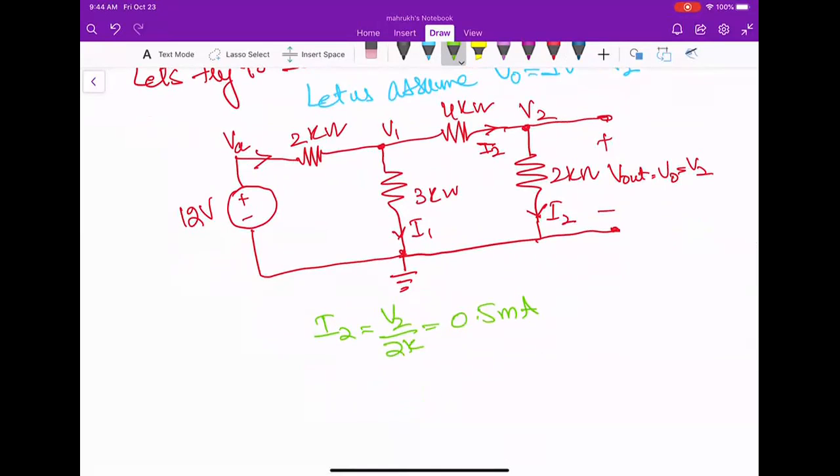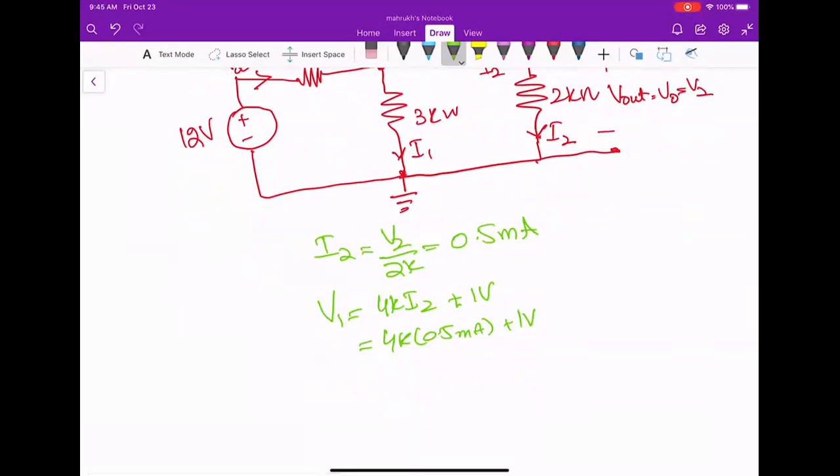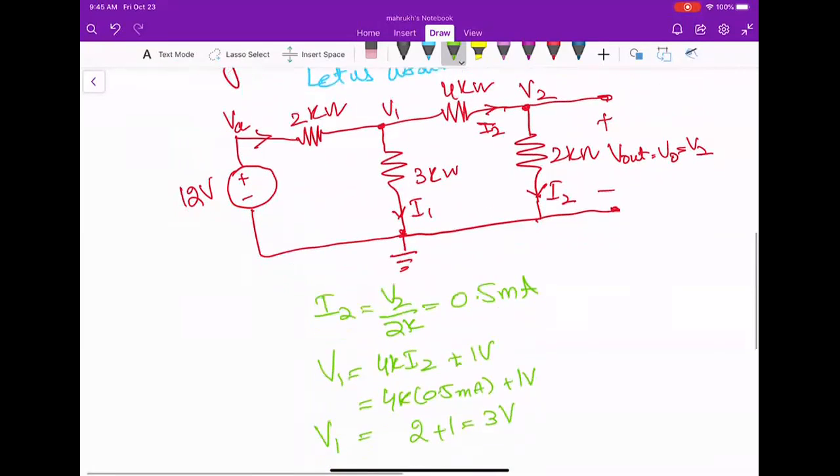Then the same I2 is flowing through 4 kilo ohm. So our V1 I can write as 4K times I2 plus 1 volt, right? So V1 is 3 volts.